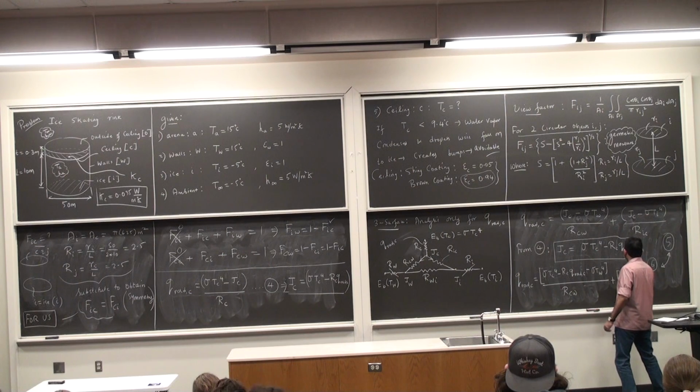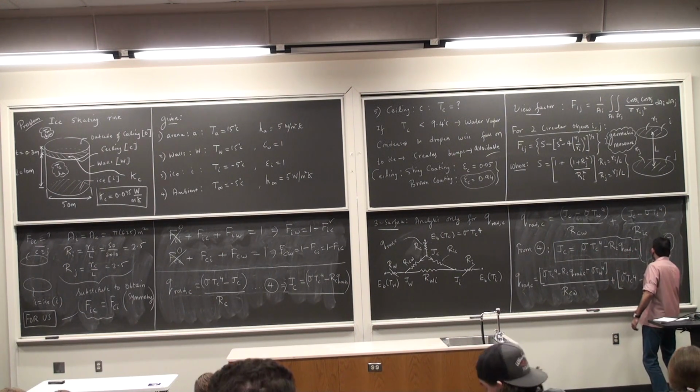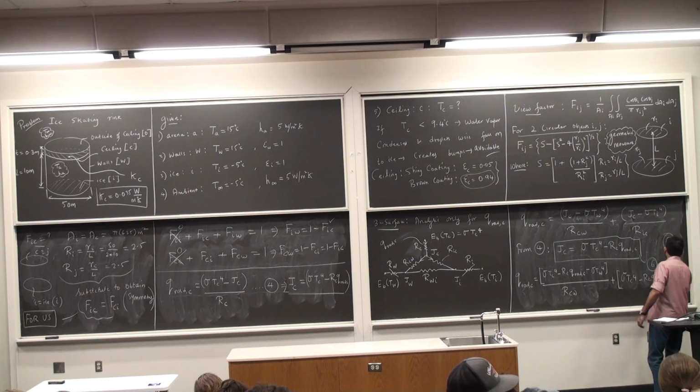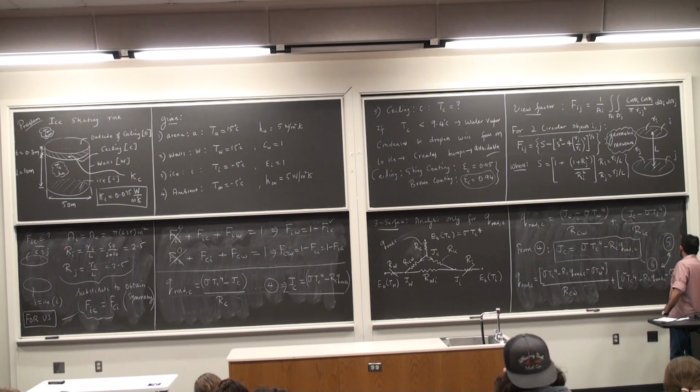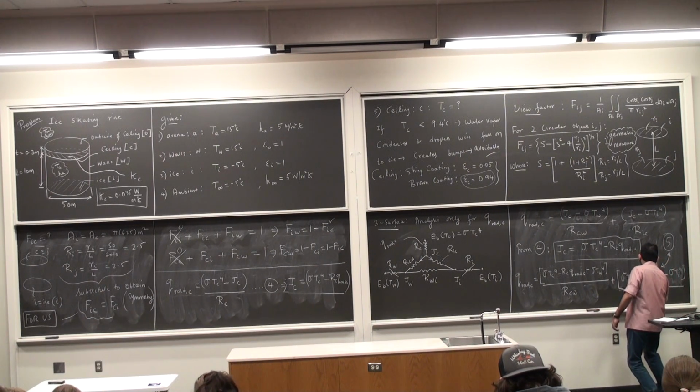This is sigma Tc to the power 4 minus Rc Q radiation C minus sigma T ice to the power 4 by RIC.